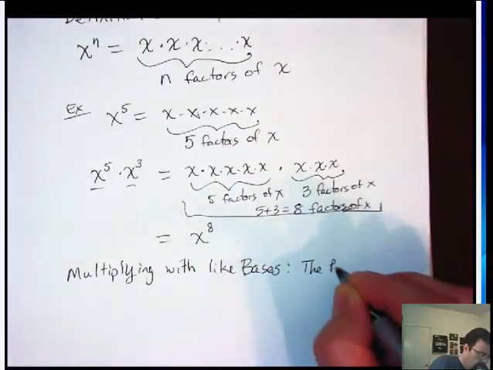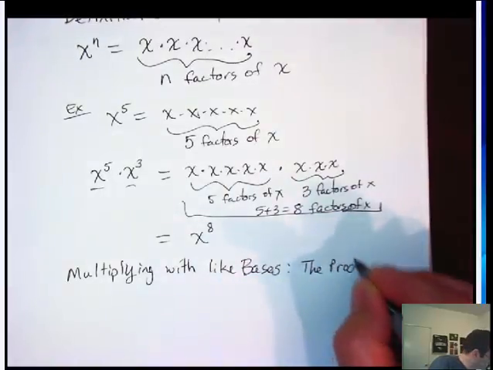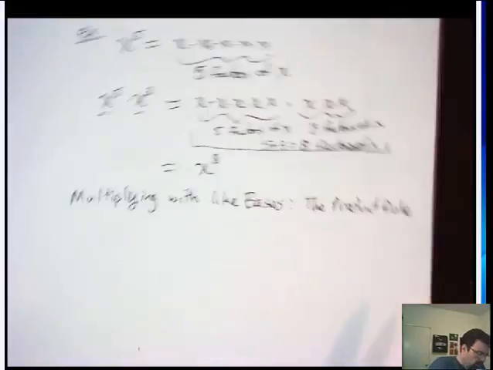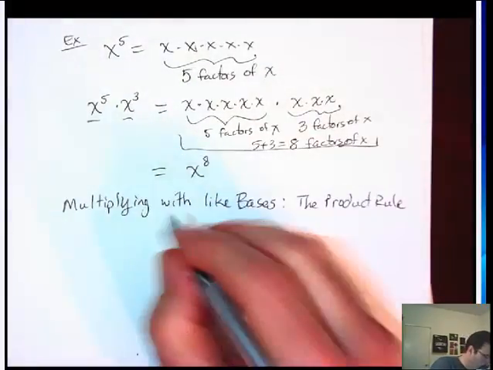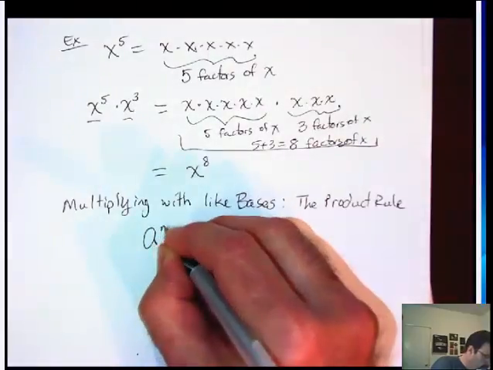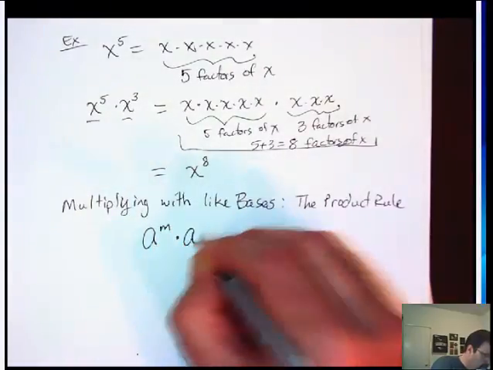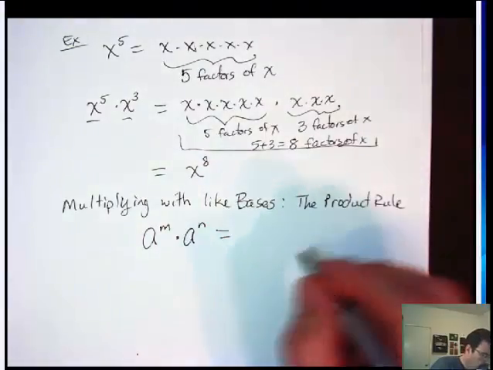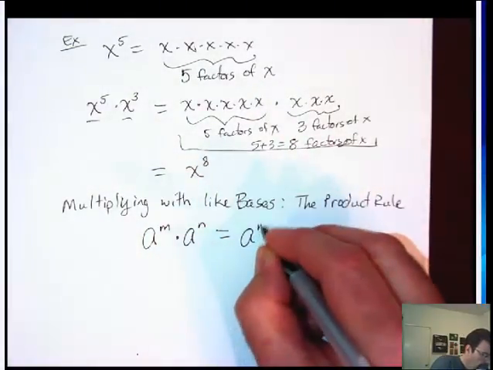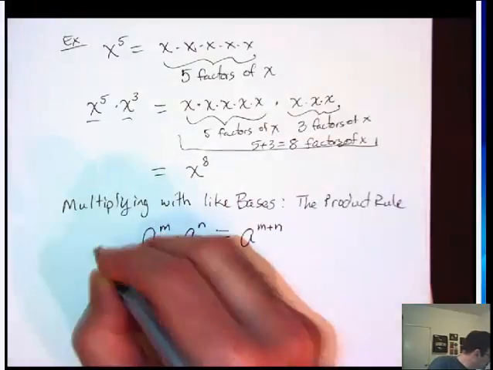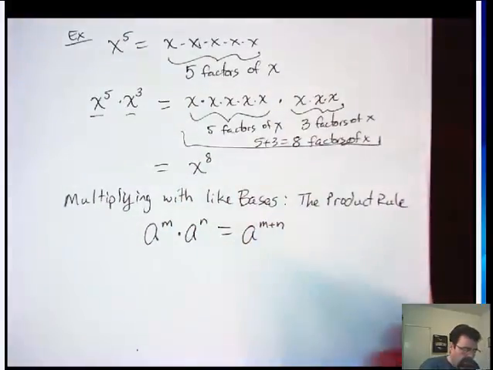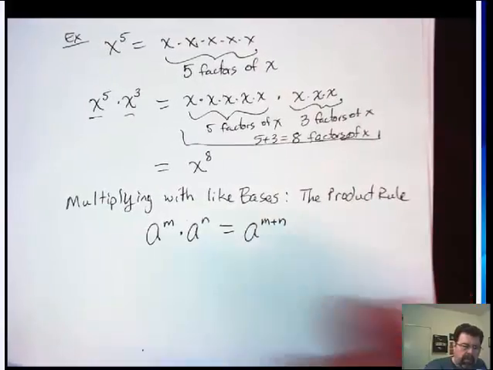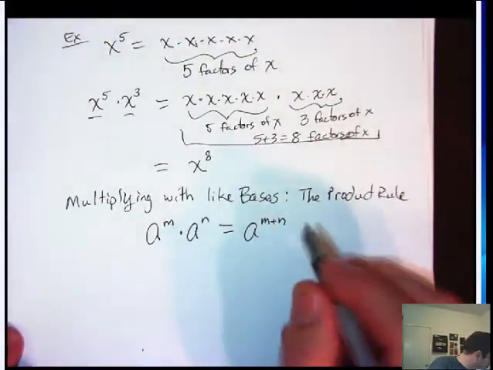This is called the product rule for exponents. So if you have any number to the m times any number to the n, if those bases are the same, then we just add the exponents. Okay, so when bases are the same, leave the base alone and add the exponents.